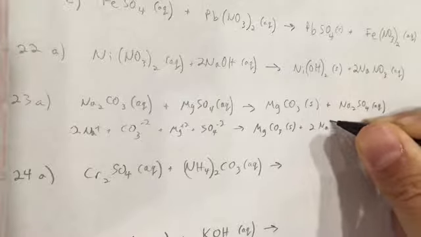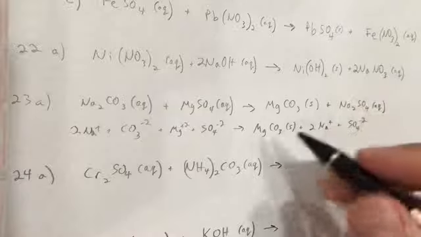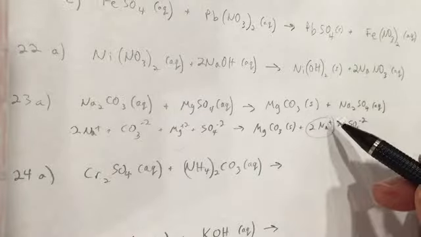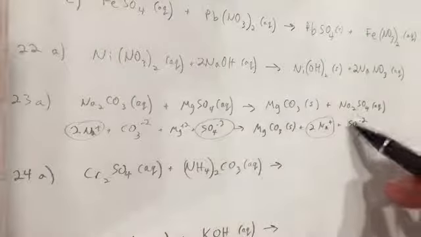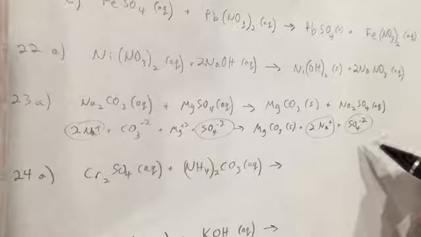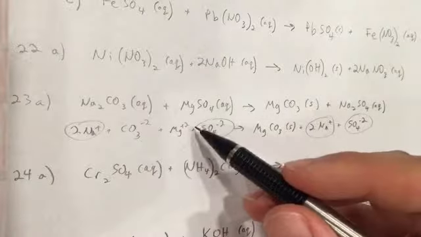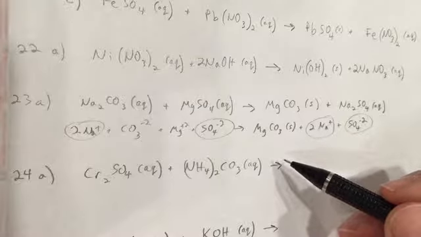And then we have 2 Na's and a sulfate. So you can see right there and right there, these guys are both spectators, sodium and sulfate. The rest, carbonate and magnesium, to make magnesium carbonate, they're actually doing something.